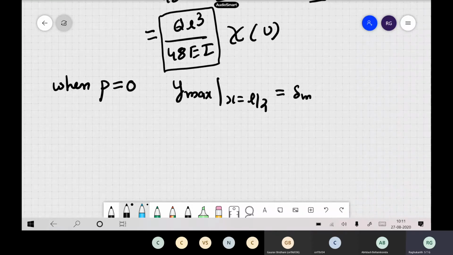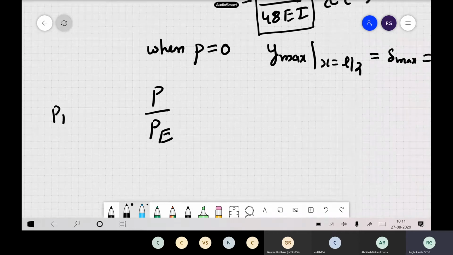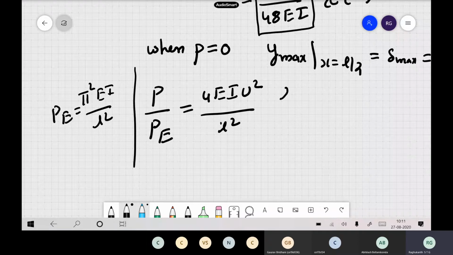So this becomes delta max, which is WL cube by 48 EI. Now if you write P by PE, that is your buckling load, where PE is your Euler buckling load, pi square EI by L square, and non-dimensionalize it, P by PE becomes 4 EI u square by L square by pi square EI.